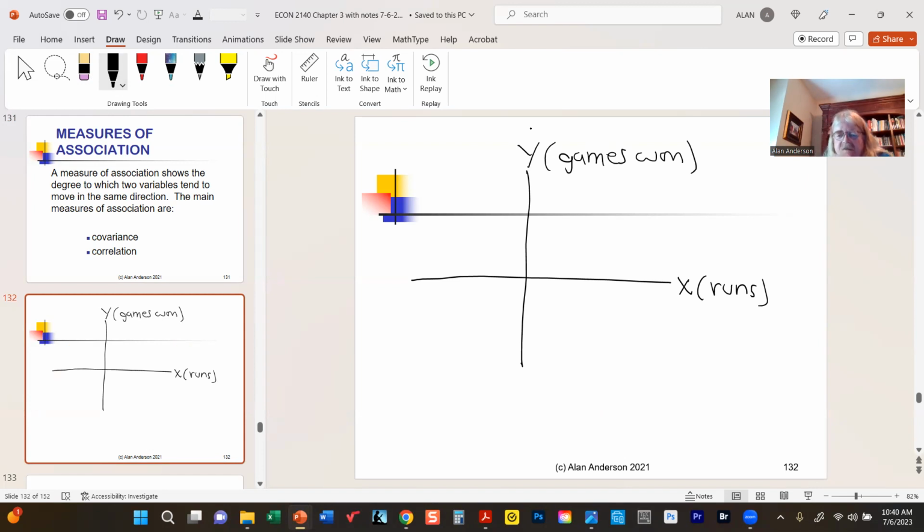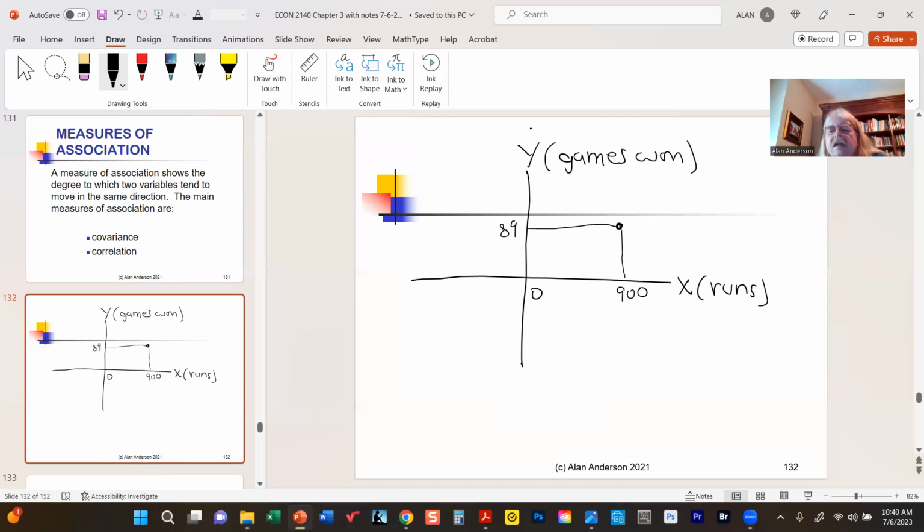So here's what we can do with this graph. Imagine that we plot a single point for a single year's results. This could be, for example, the year 2000. Let's say that in this year, this particular team scored 900 runs, and as a result, they won 89 games.